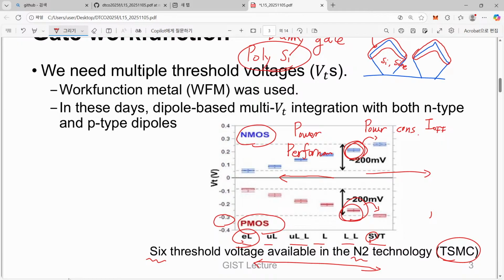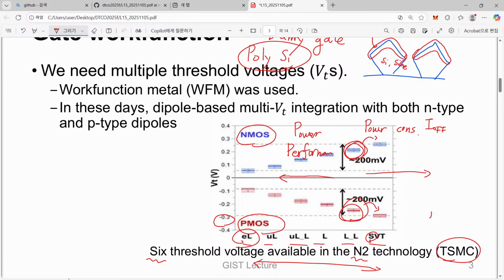For example, if we are really performance hungry, for example, if we design some core part of our ALU, the arithmetic unit, then we have to provide the most powerful devices in our technology for that case, because they have to repeatedly perform the mathematical calculation and give a very fast output for our requirement or question.